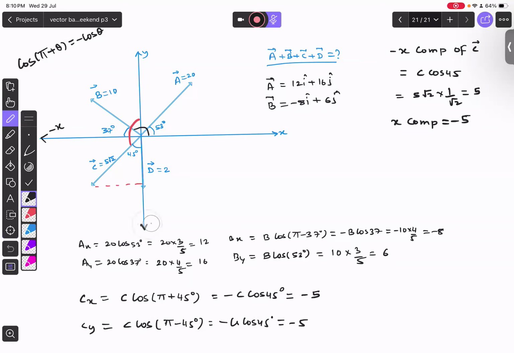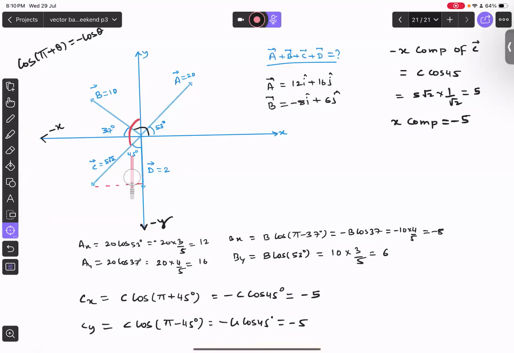This is our minus y, and it is making 45 with minus y. So its minus y component is the same as the minus x component, which will be 5. Got the point? How did we get the y component as minus 5?